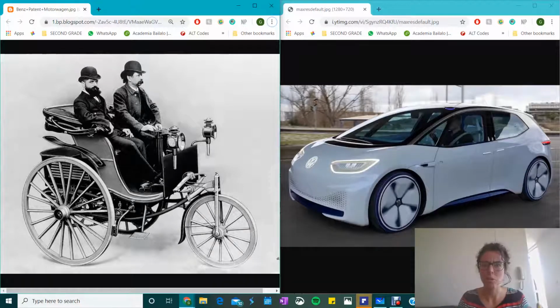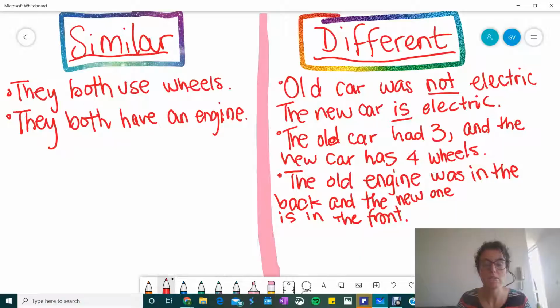Wow. I wonder what that must have been like to ride in a car with no windows. I don't know. Would you like to ride in this car? Miss Gia would not like to. I like to be closed in my car. So let's write that down in our differences.